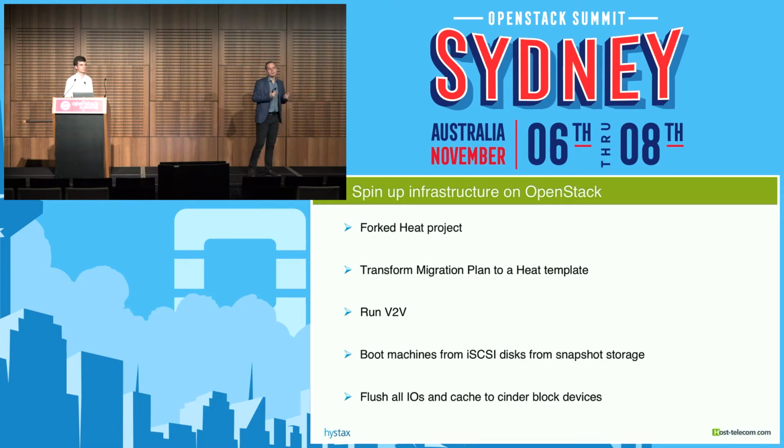The purpose is that when we are 100% ready and all the data from object storage is already in Cinder volumes, we can just exclude our solution and boot machines directly from these regular Cinder volumes. So our solution would be taken away. That's why we create regular Cinder volumes and these iSCSI disks.